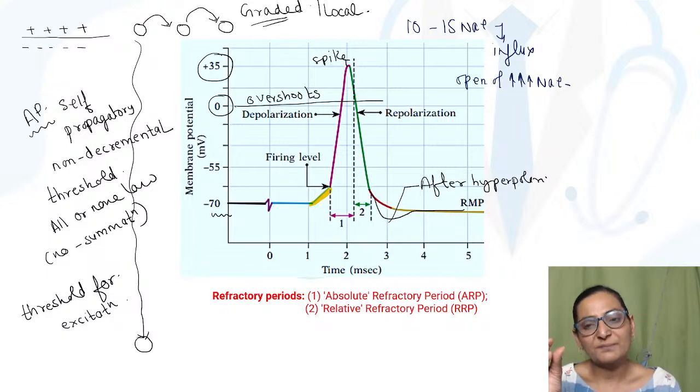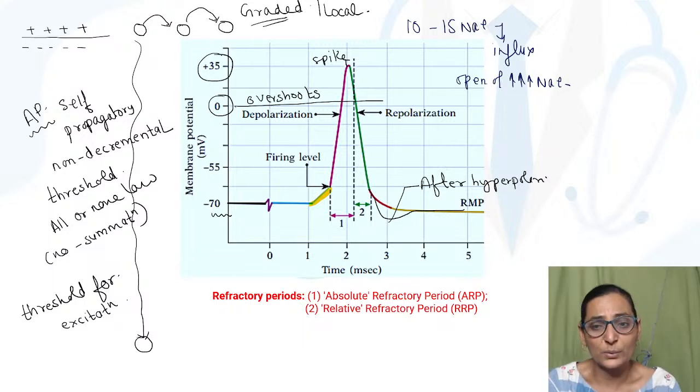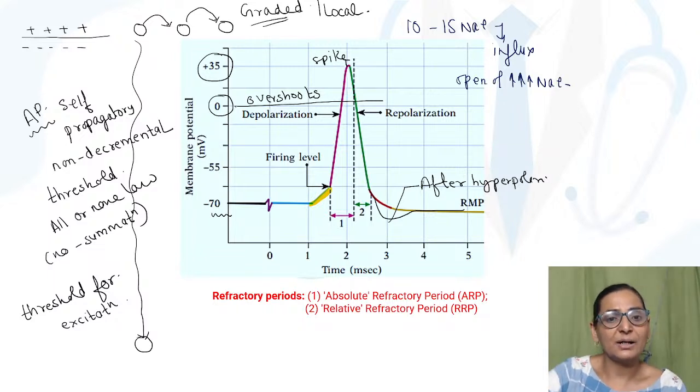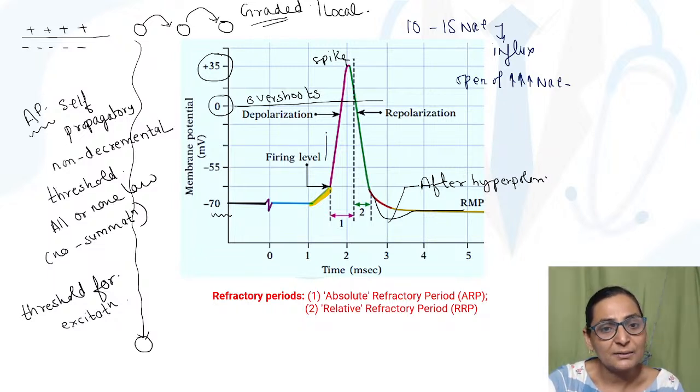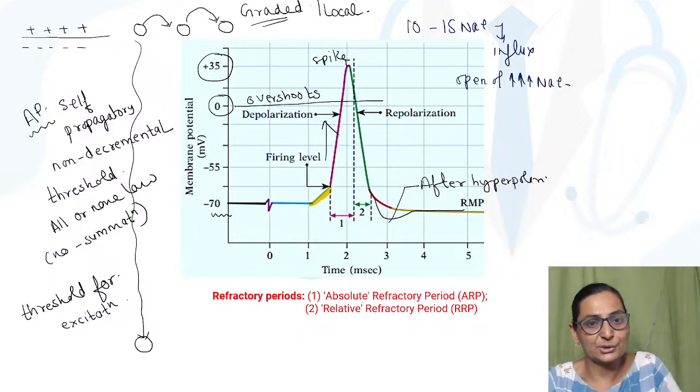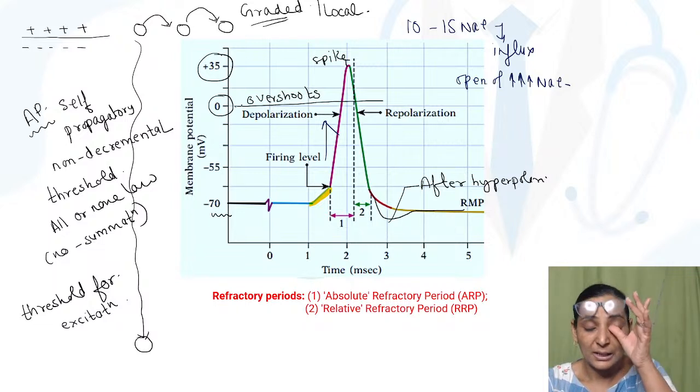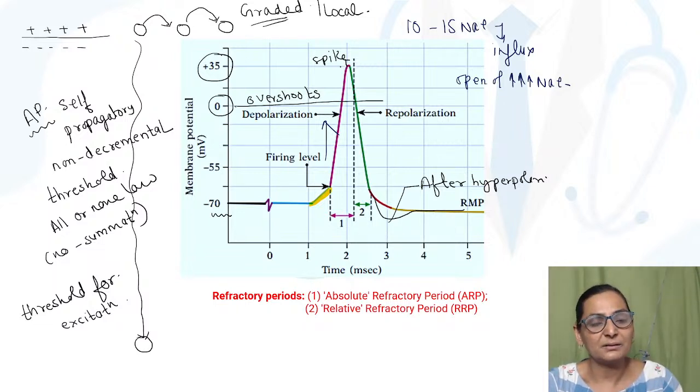Those small amounts of sodium which enter will result in opening of more and more sodium channels, and a drastic influx of sodium. इतना ज़्यादा sodium अंदर आ जाएगा कि it is going to result in the upstroke, which will cross the threshold for excitation, cross the zero and result in the spike up to plus 35.